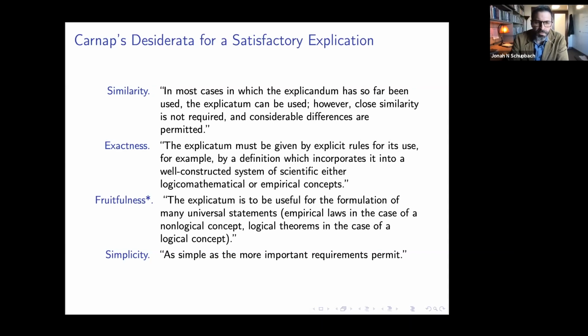So simplicity is determined by both of those things. Notice his statement here, which is one of the first and only things he says explicitly about simplicity, seems to give, if you will, lexical inferiority to simplicity over the others, right? Simplicity is only important insofar as the other three criteria don't already tell us what explicata to prefer.